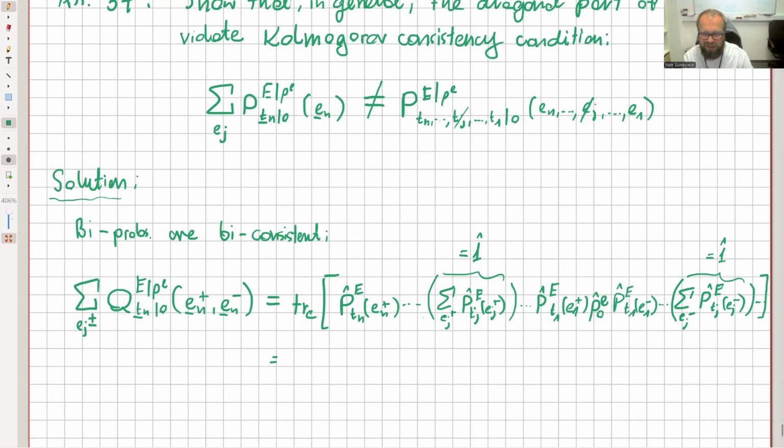So what you get here is trace Tn plus. And if the projector at the position Tj, the jth position, turns into identity, it just disappears, right?